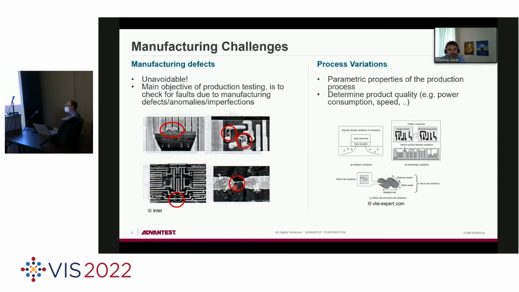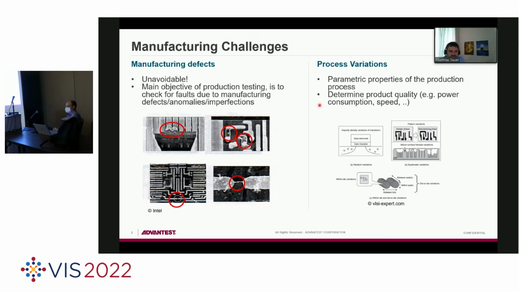On the other hand, there are process variations, which are a bit more subtle. This is more like we are talking about Gaussian processes, we are talking about manufacturing where you cannot achieve a 100% identical product. So there's always a bit of variation, and depending on how the specific device ends up on the distribution, it can be a bit faster, a bit slower, and so on.